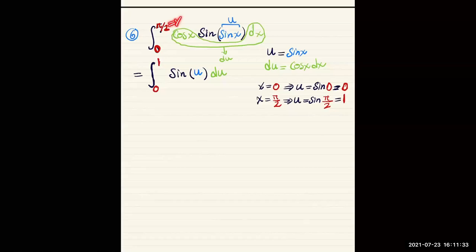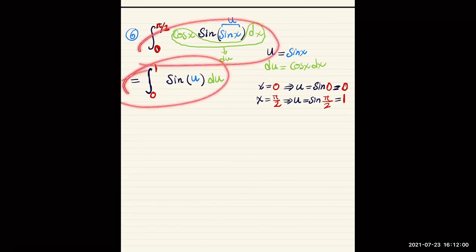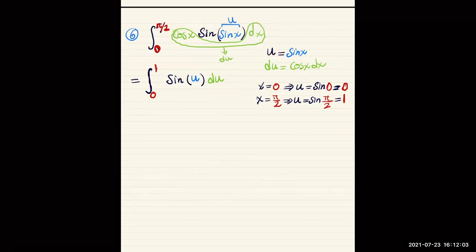Again, these are x values, these are u values. All right, now our definite integral is in terms of u. Our limits of integration are also in terms of u. And we said yesterday that the answer to both of these is the same. They represent the same area.